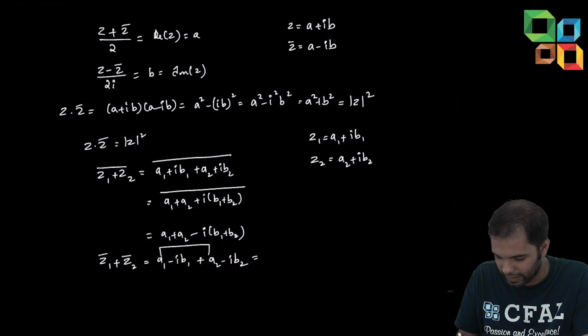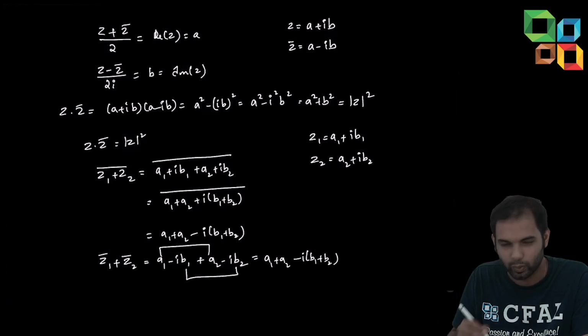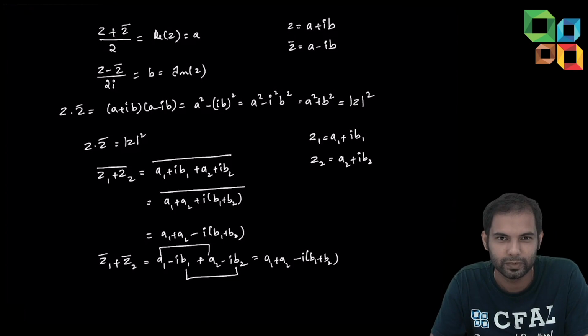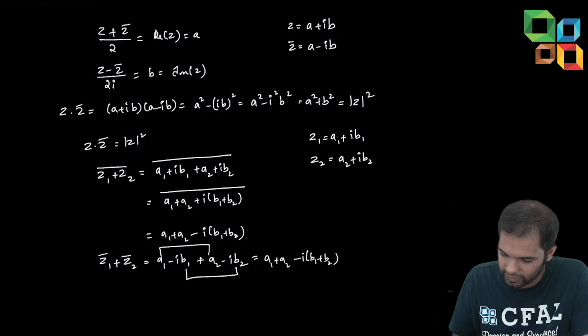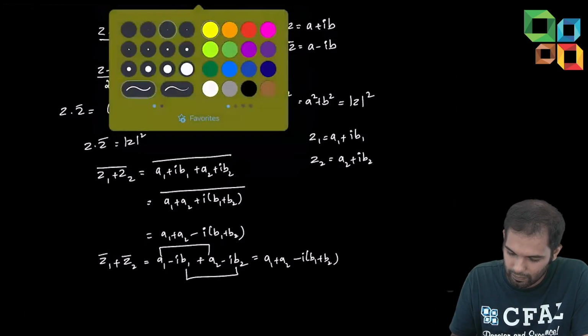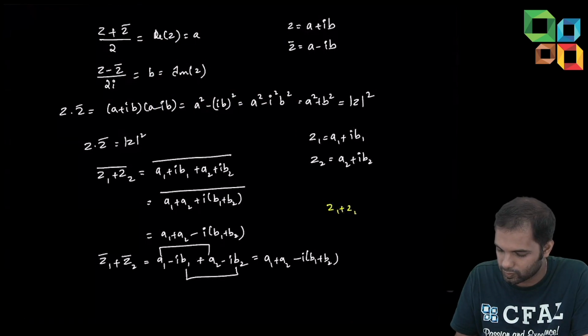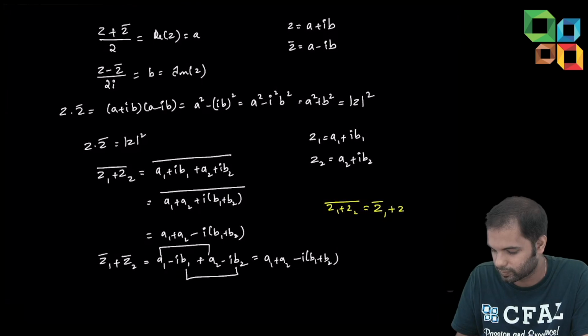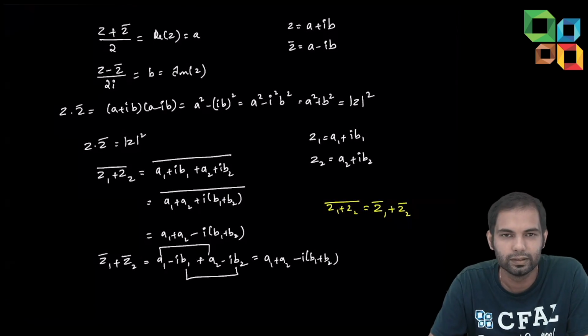Combining terms, which is a1 plus a2, and the imaginary part similarly is minus i into b1 plus b2. You can see it's equal to the conjugate of z1 plus z2. Or in other words, we can say that the conjugate of z1 plus z2 is equal to z1 bar plus z2 bar.